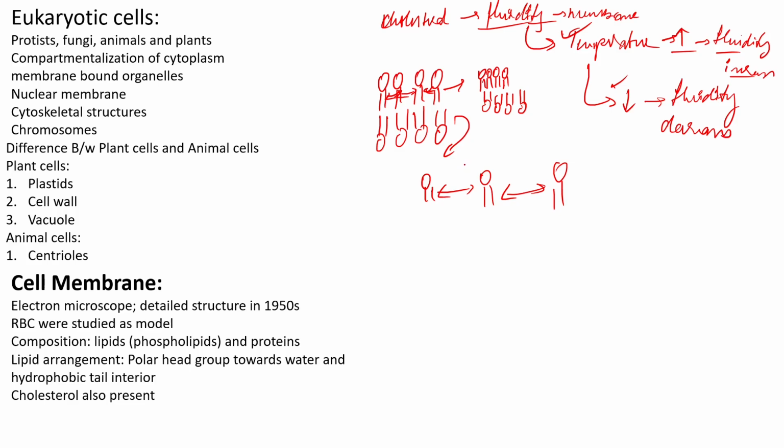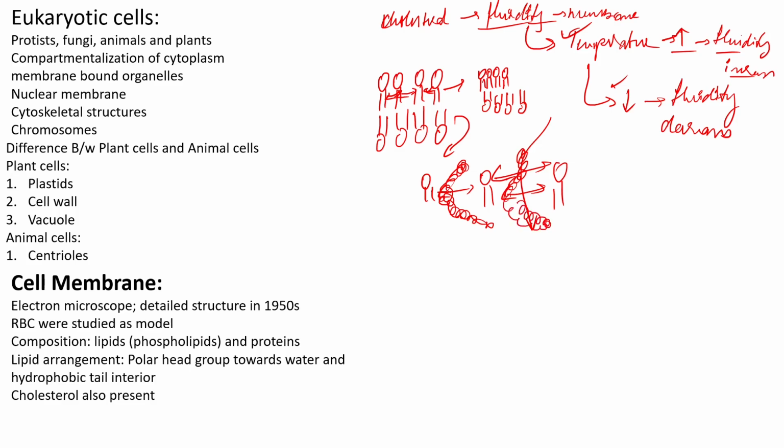So if the fluidity increases, there will be more gap between the phospholipid molecules. In other words, there will be enough gap such that molecules can enter inside the cell. This is an undesirable trait, not something you want. As a result, the cell starts to synthesize more and more cholesterol, such that the cholesterol molecules sit in between the gaps of the phospholipid molecules.